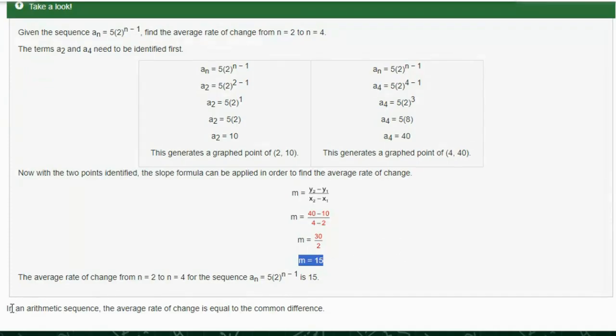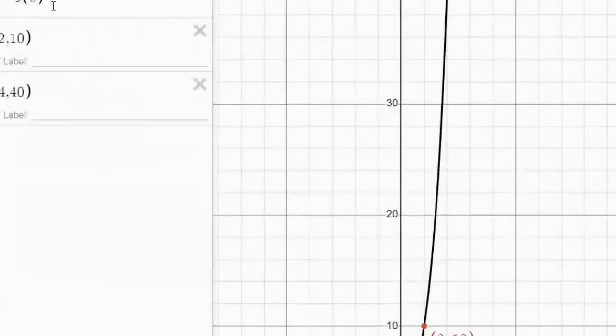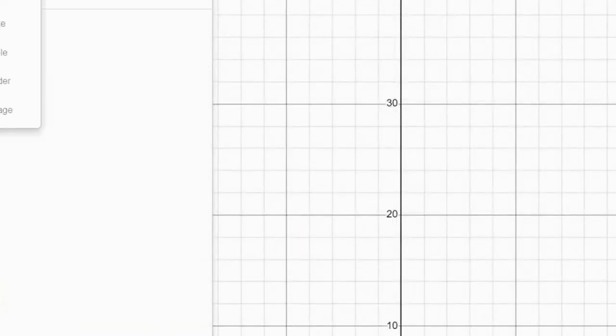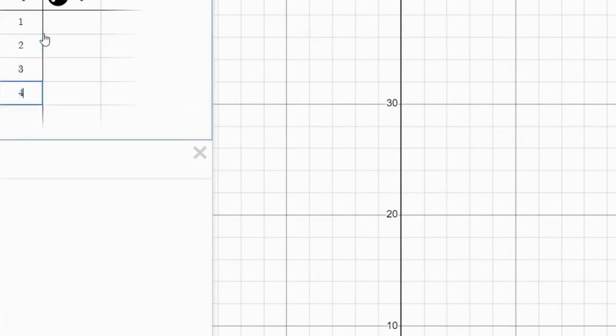And in an arithmetic sequence, the average rate of change is equal to the common difference. As an arithmetic sequence, it automatically goes up. Here, let's do an arithmetic sequence. We'll do it as a table: first term, second term, third term, fourth term.